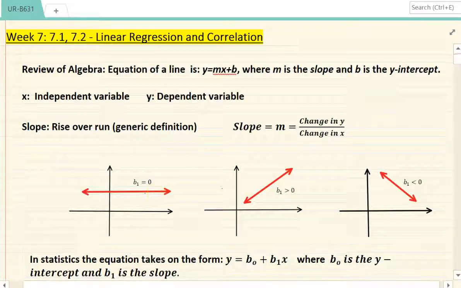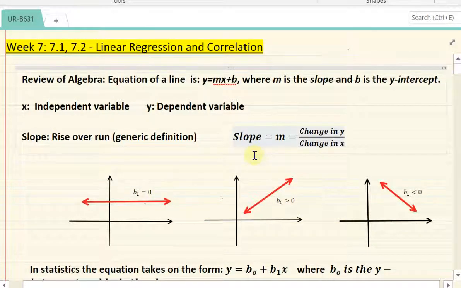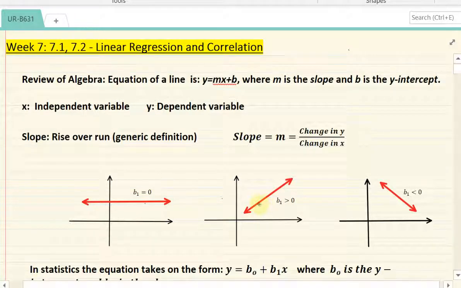Okay, so let me actually draw something here. Let's take a look at this line, the one in the middle. Let's say I go from this point to this point on the line. Now the change in y is that much, while the change in x is that much.